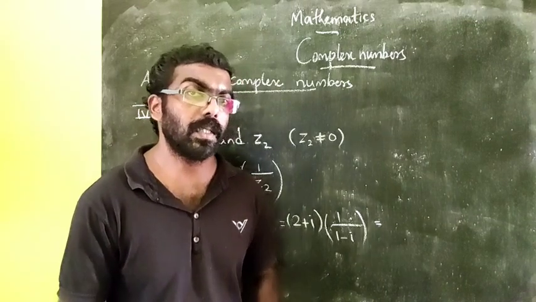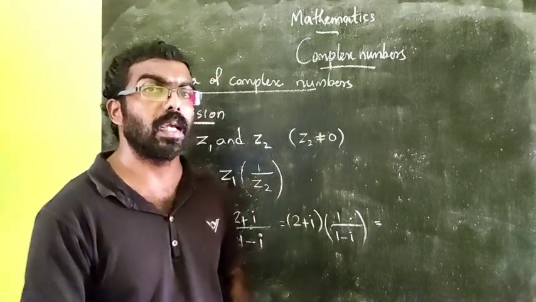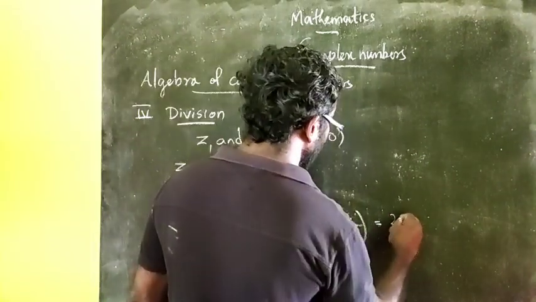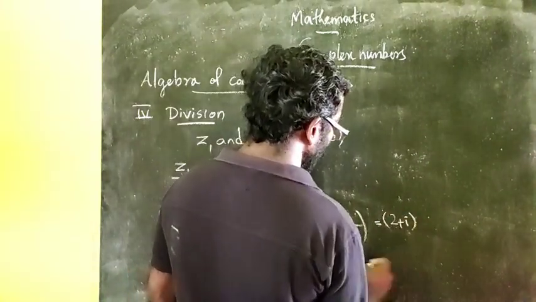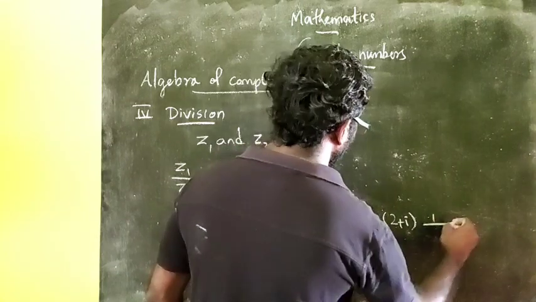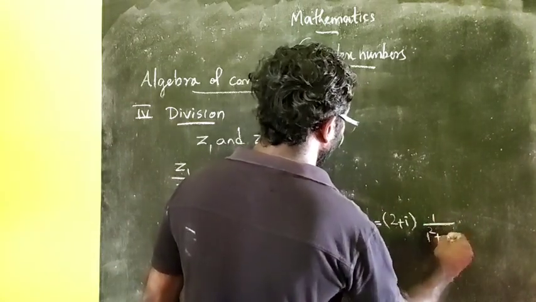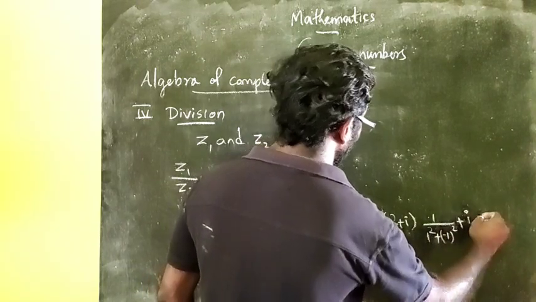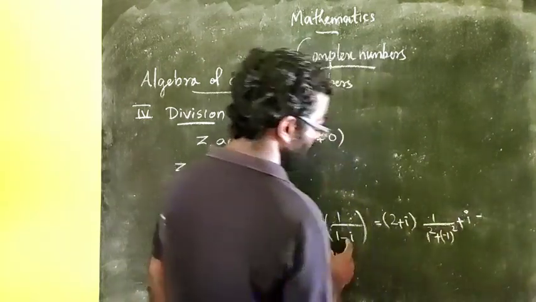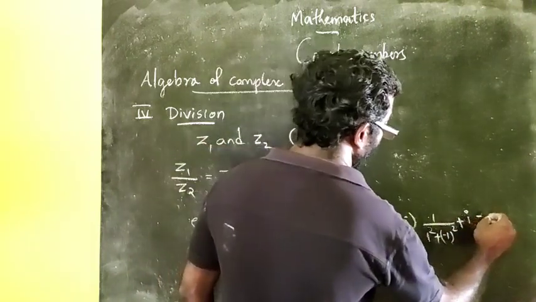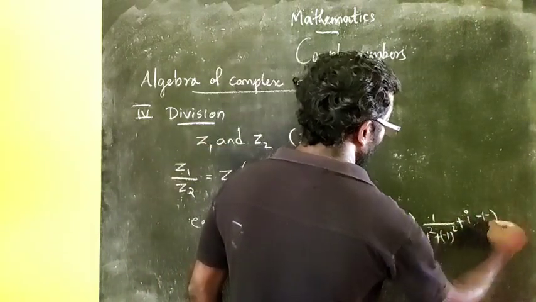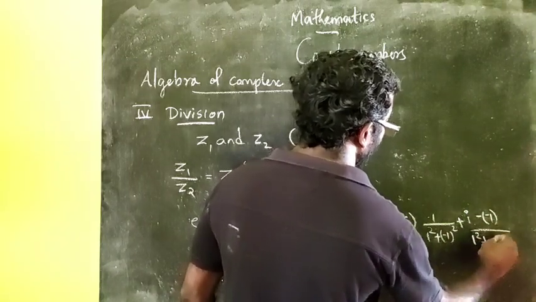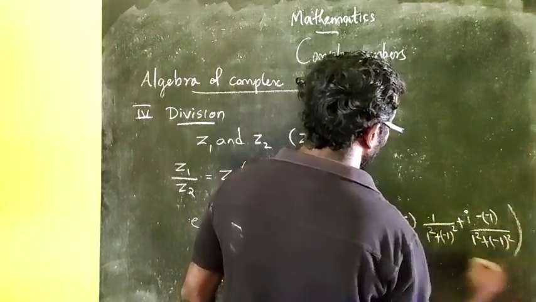A by A square plus B square plus I into minus B by A square plus B square. So here also we can write (2 plus I) into [1 by (1 square plus (minus 1) the whole square) plus I into minus B by...]. So here B is minus 1, so minus of minus 1 divided by 1 square plus (minus 1) the whole square.